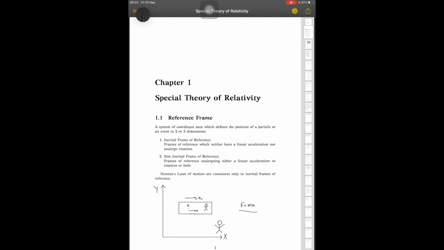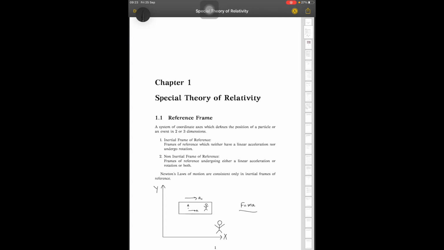Let the box now move with a constant acceleration a naught. Again, if you are outside, you are stationary with respect to the surroundings. However, here things change. Here, from inside the box, F would be equal to ma, but outside, F is not equal to ma, since from the perspective of outside, the particle has two accelerations, a naught from the box and a, its own acceleration.